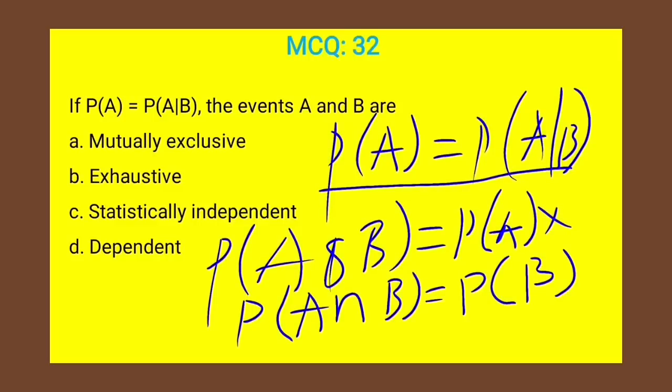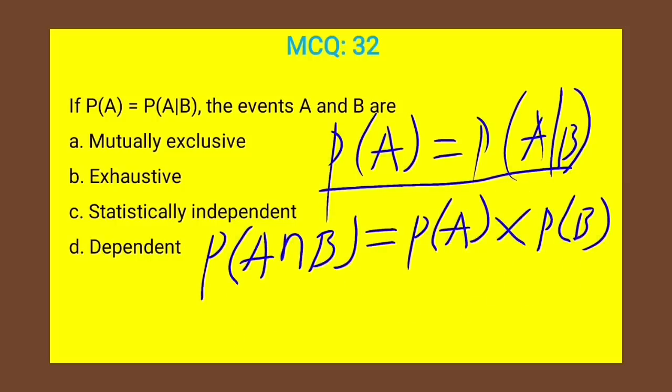Okay, so after that, since you're able to get this as your statistical independence, then we can say that if I make probability of A the subject, I'm going to divide both sides by probability of B. When I divide both sides by probability of B, you remember that this becomes more like a conditional probability.